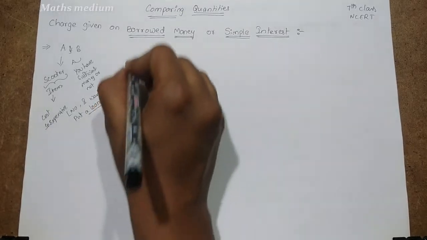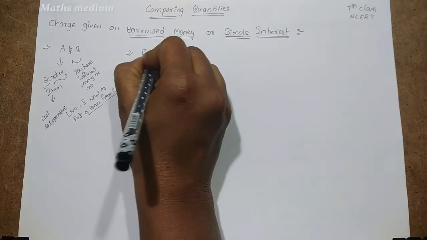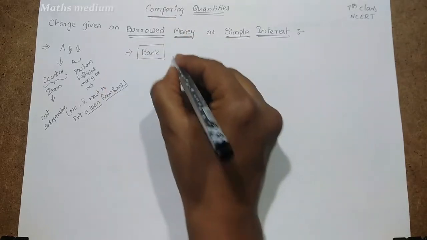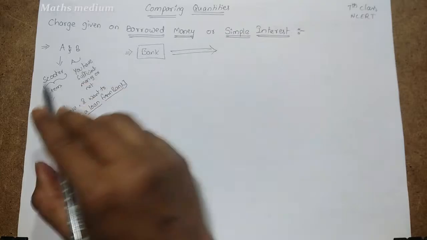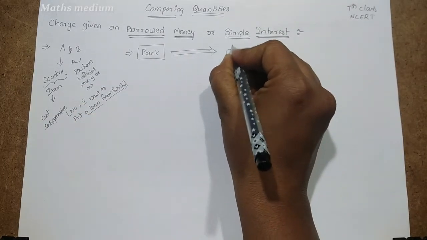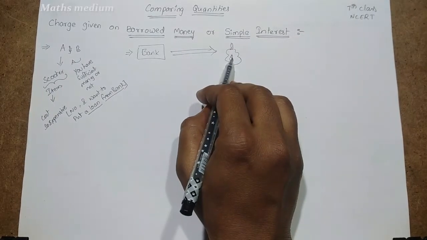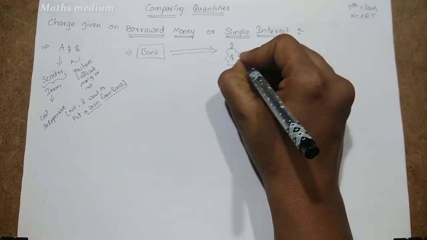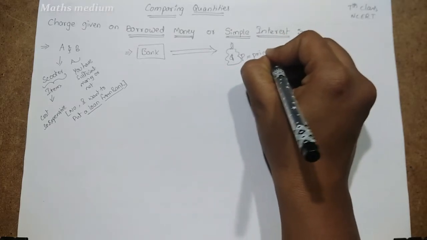For example, if you take this as the bank, you take some money sufficient to buy an item. Let the total money you got from the bank be P. It is called principal.